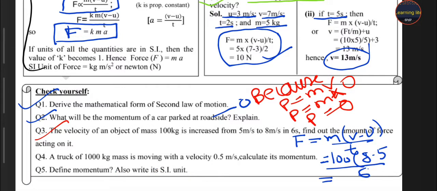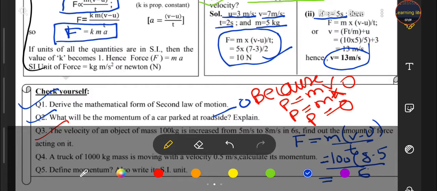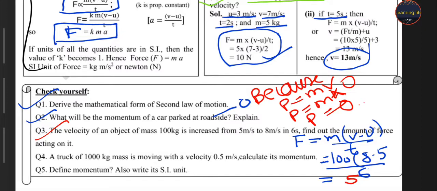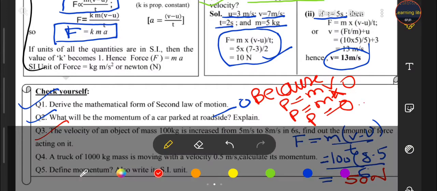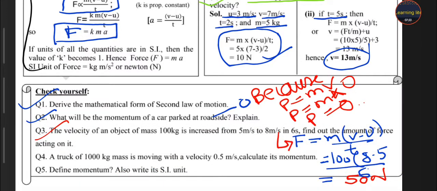So our force is 50 Newton. This is the answer of our third question, student.